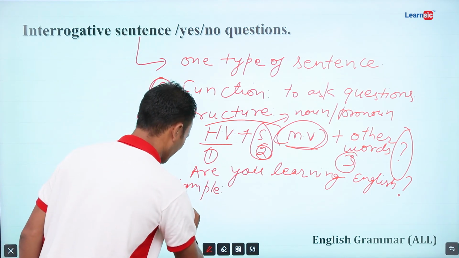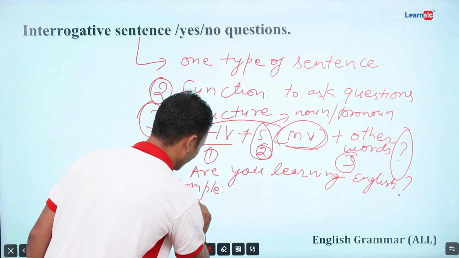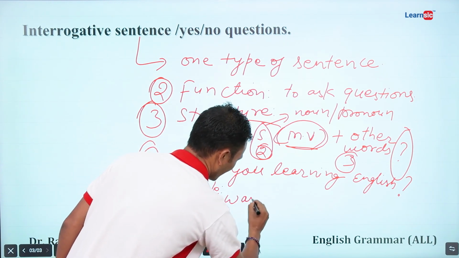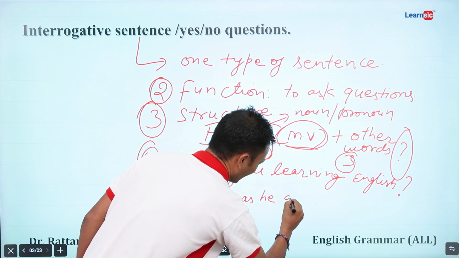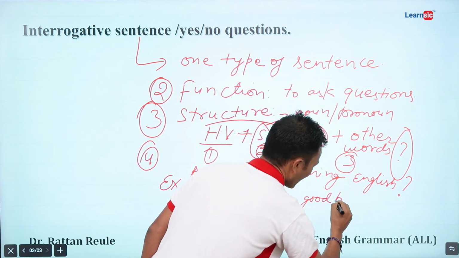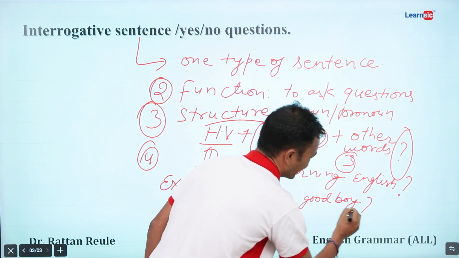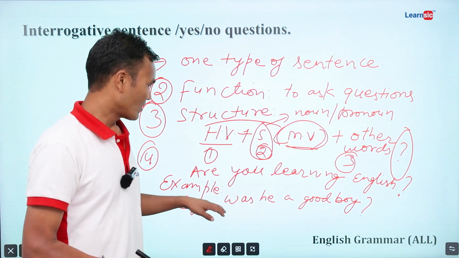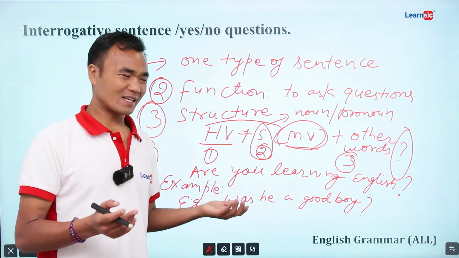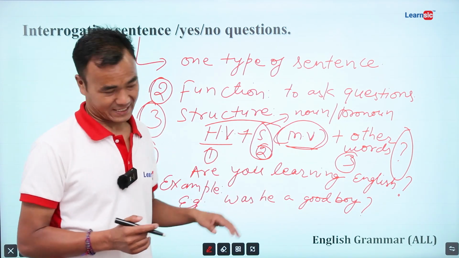So this is an example with all things. Otherwise, another example I can write here. Was he a good boy? So look at this sentence. Was he a good boy? So everything was in past tense.